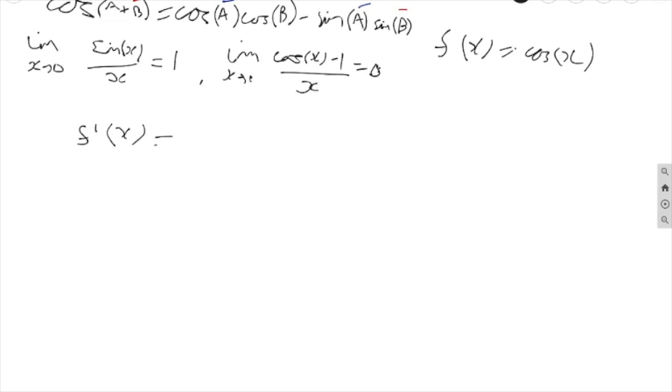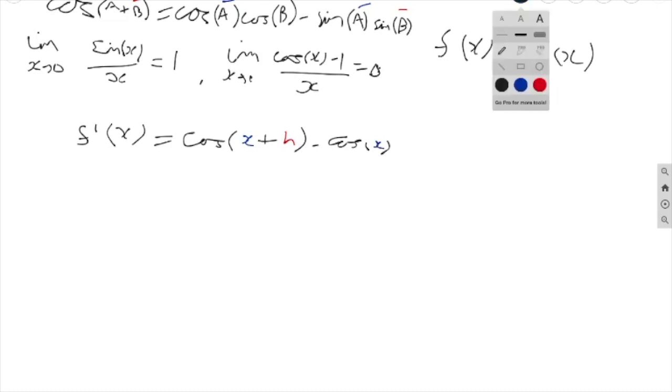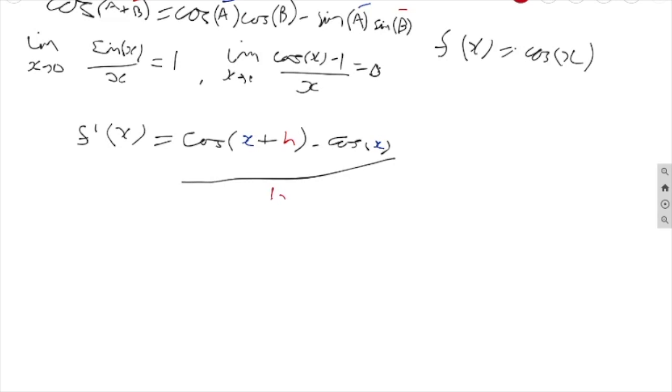We will use the definition as before, and therefore we have cos of x plus h minus cos of x, and we have the whole thing divided by h.